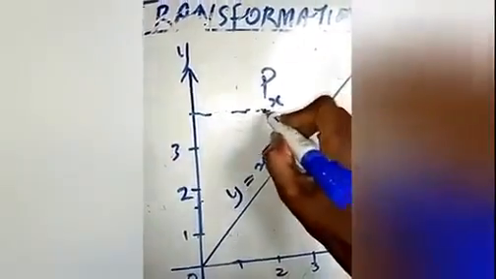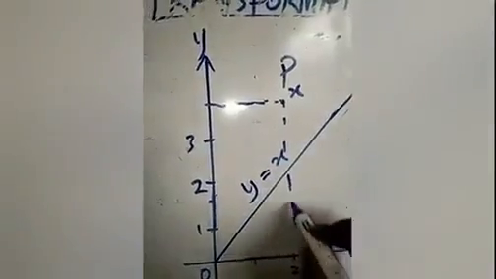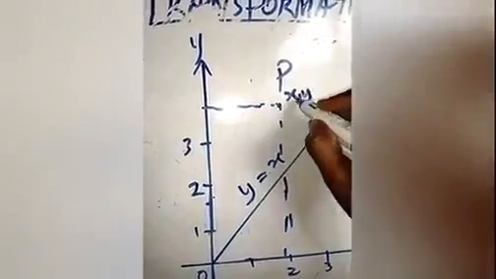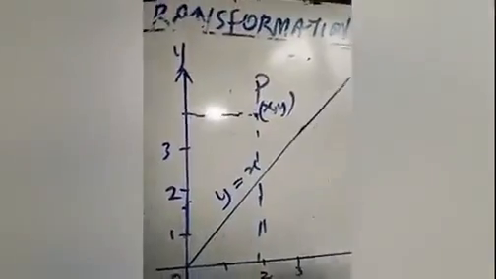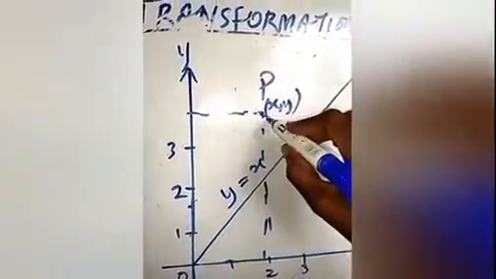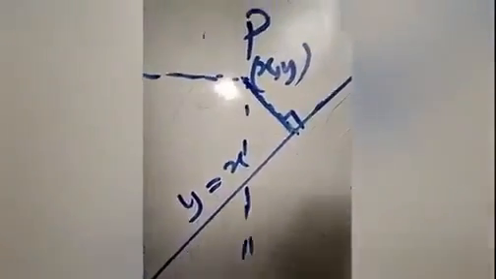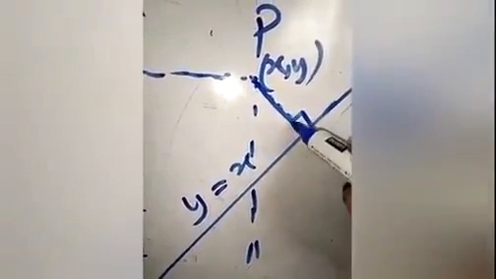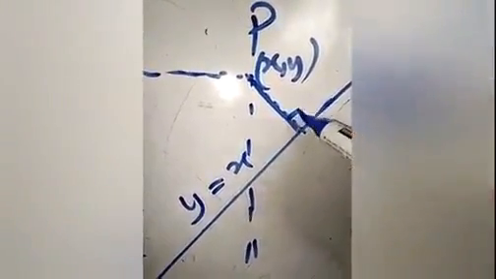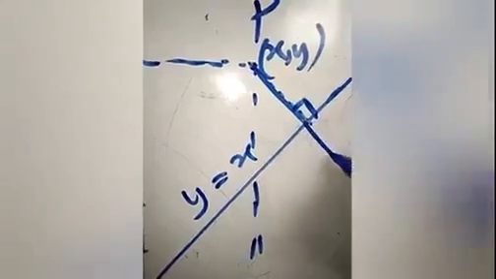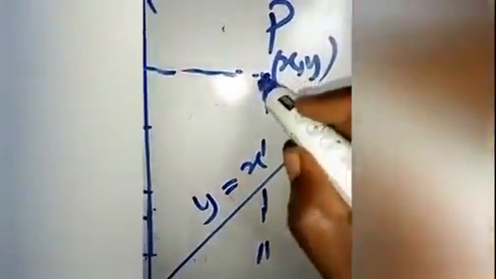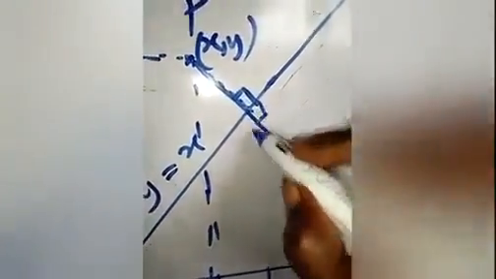The distance from this point to the given straight line, which is the line y equals x, must meet the line at a right angle, and the image will be the same distance away, just like you have P here. So this is going to be my P prime.